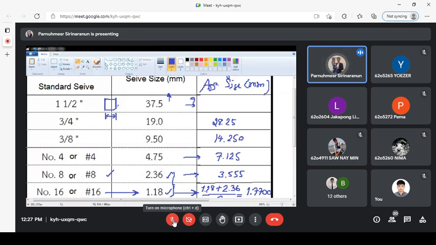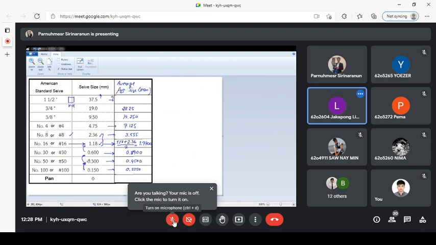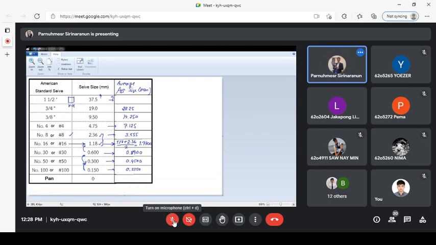You should know this concept. What concept does the American Standard sieve use to calculate? You must compare the sieve size between each sieve first. How different is this and this? Half of it. This compared to this, half or 2 times? Compare this to the upper one. Half. That's right.